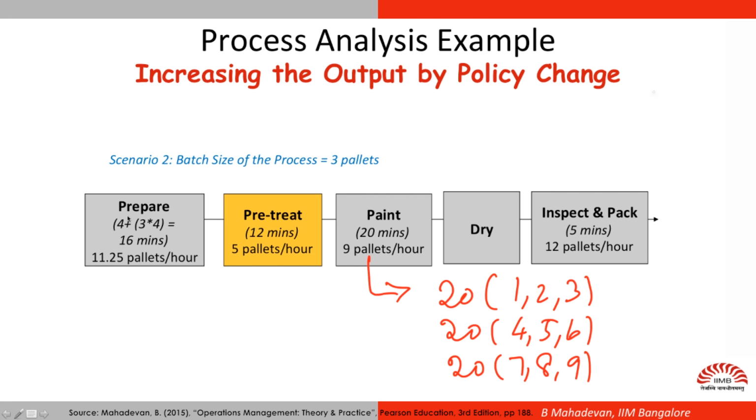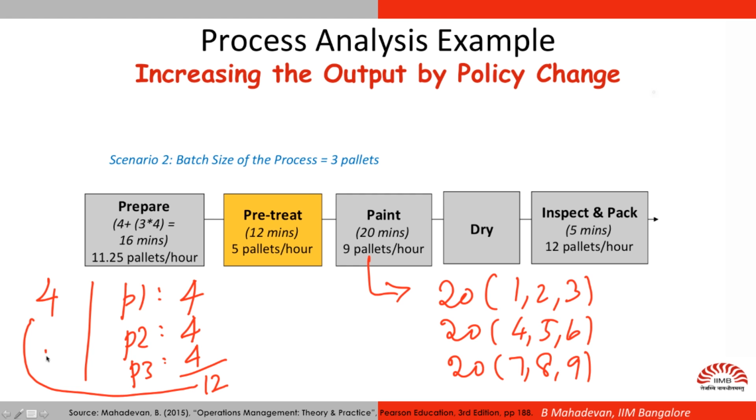Preparation has the same argument that we made before: 4 minutes to prepare the pallet, and for pallet 1 it takes 4 minutes to arrange the toys. For pallet 2 it takes another 4 minutes, and pallet 3 it takes another 4 minutes. So which makes it 12 minutes, and this 12 minutes plus 4 minutes makes it 16 minutes.